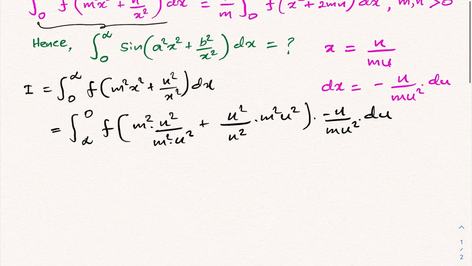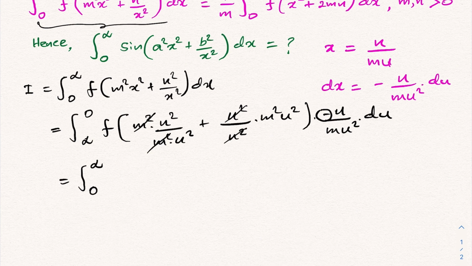Okay, then we can simplify. Now we can write the limits 0 to infinity. When we change the boundary, this minus sign gets cancelled, m square gets cancelled, and n square gets cancelled.